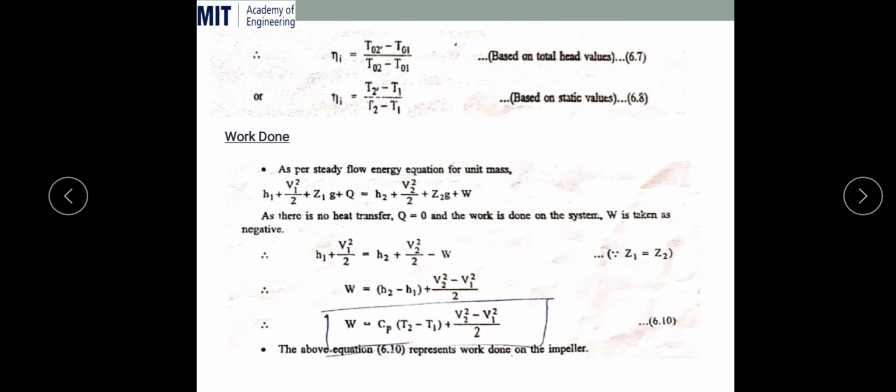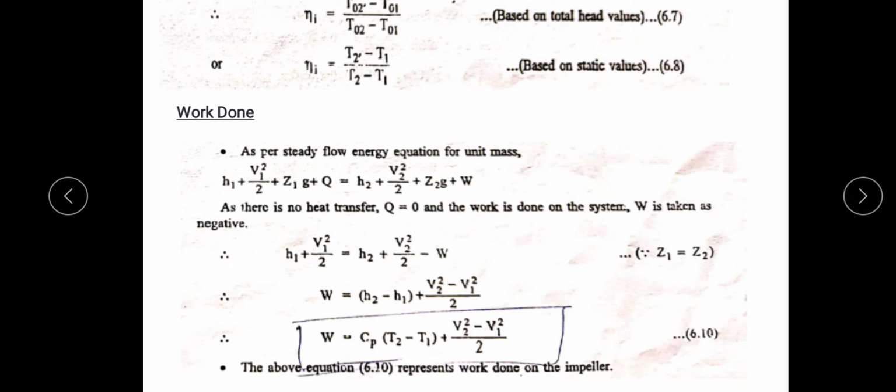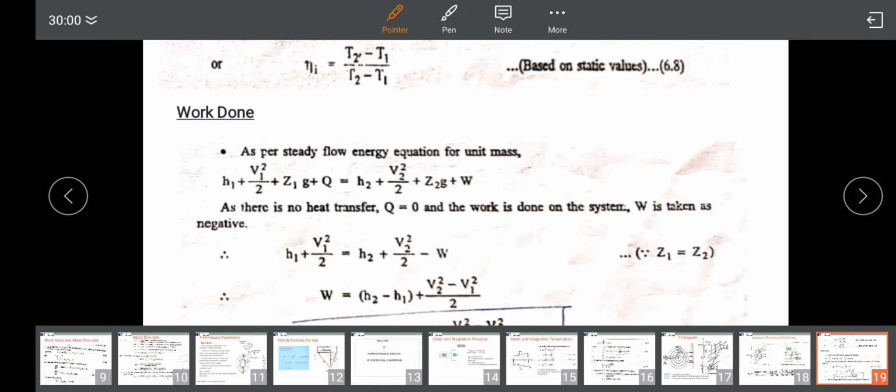Now for the work done, we again use the steady flow energy equation from the inlet of the impeller to the outlet of the impeller of the compressor, considering that there is no heat transfer, only work done on the system. By the basic sign convention from thermodynamics, work input is taken as negative and work output is positive. So here work is taken as negative.